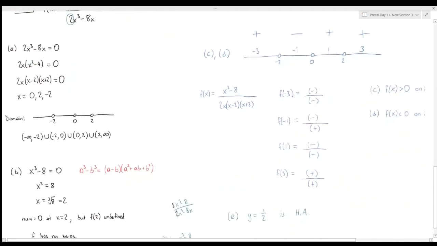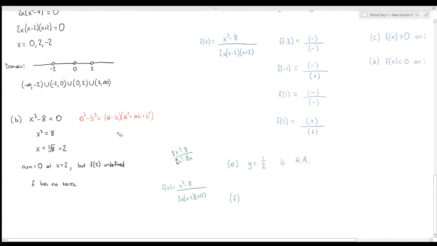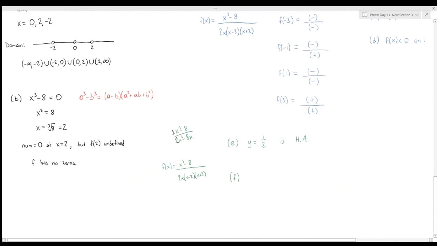So actually, I think this is where the difference of cubes formula is kind of useful. I would want to factor out the numerator. So therefore, I would use the difference of cubes formula for this part.